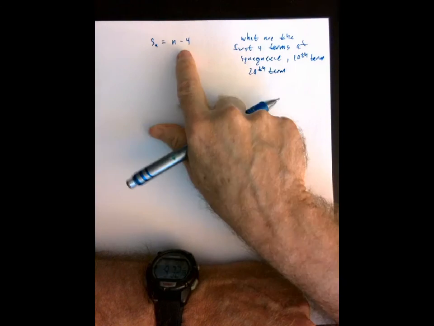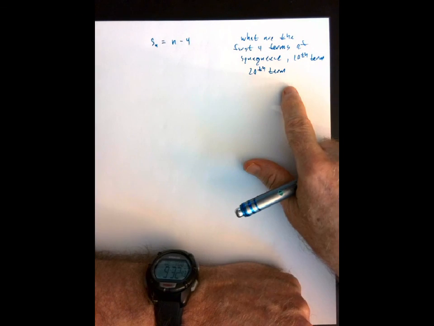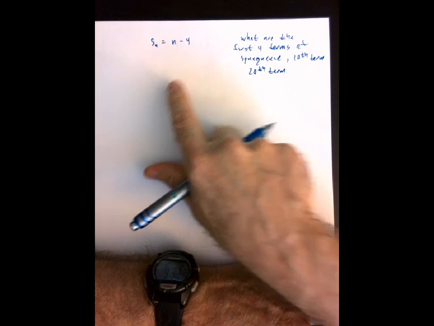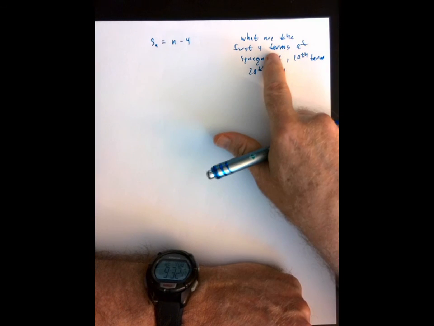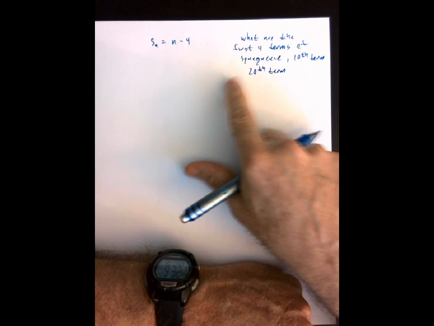That is, if we were to write out, starting with the first one, a list, the first term, the second term, the third term, and so on, what would be the first 4 terms, and what would be the 10th one, and what would be the 20th one.